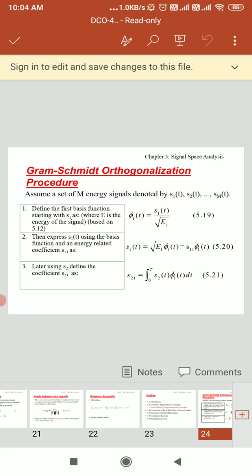When we are taking the set of m energy signals, we define the first basis function starting with S1.